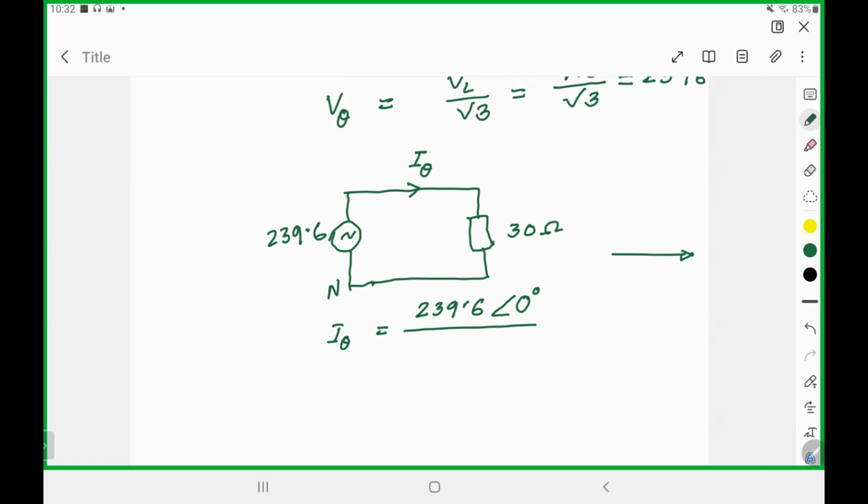So if you consider the upward direction, then this is my X, this is my R, and this is my Z. And then R is always making an angle of 0 degrees. X is making an angle of plus or minus 90 degrees, depending on upward and downward direction. And then Z will result with a theta. Okay, so I can place here 30 is making an angle of 0 degrees. So if you do this calculation, what is the value?